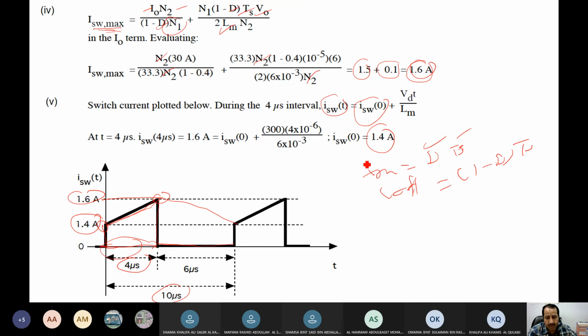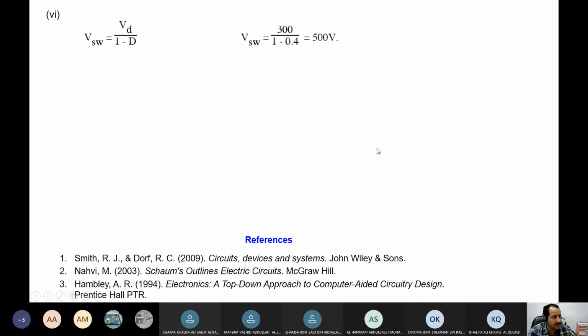We have all of them, so we got the current. But next is to find the switch voltage. Switch voltage will be VD, which is given in the question, over 1 minus D.